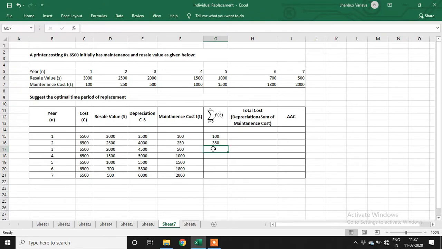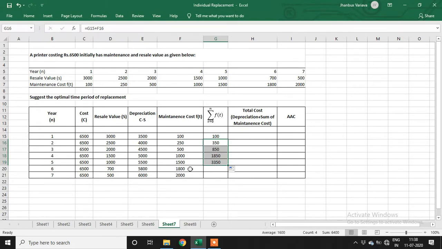Now for the third year, once again 350 plus 500, so I have to get the answer, so it will be 850. Again you have to add 850 plus this 1000, so you will have the value of 1850. Again 1850 plus 1500, you will have the value 3350.